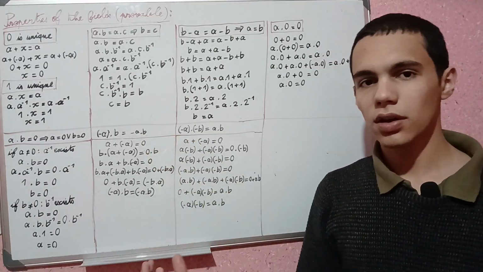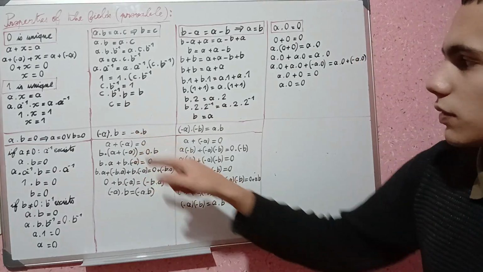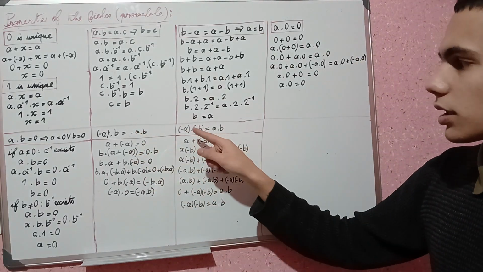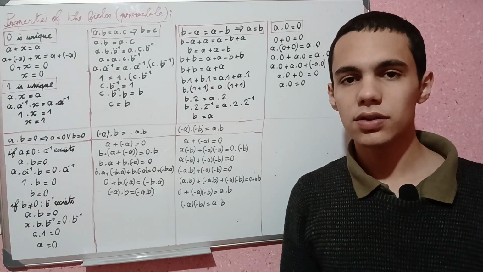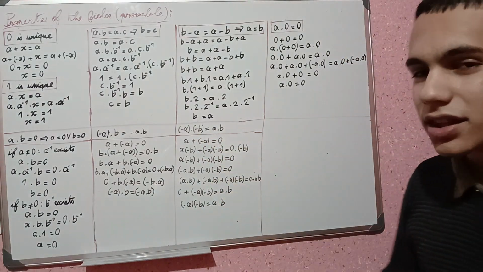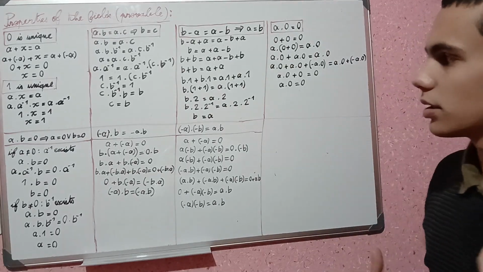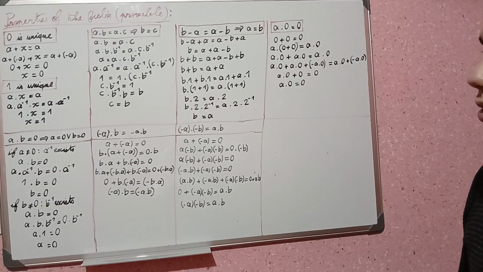So positive times negative equals negative. Also here, negative times negative equals positive. This is the proof. You don't need these proofs, but I just like to add them for better knowledge.